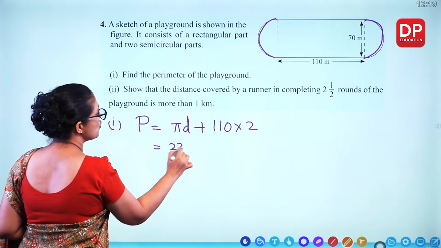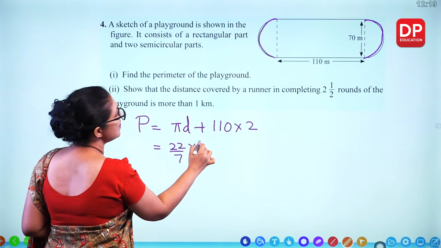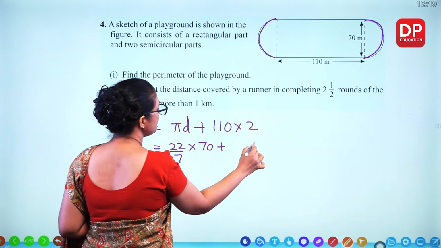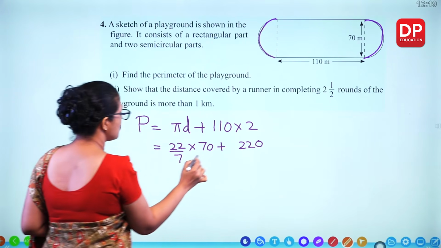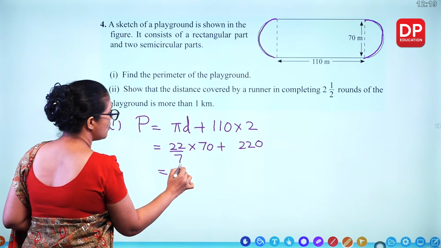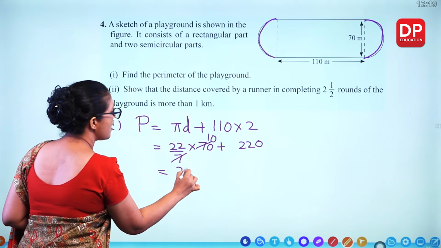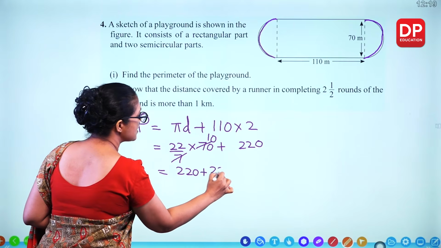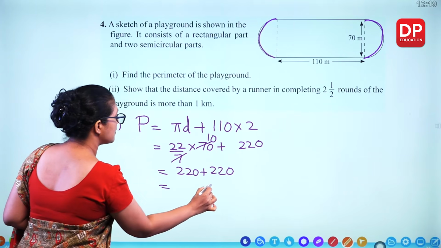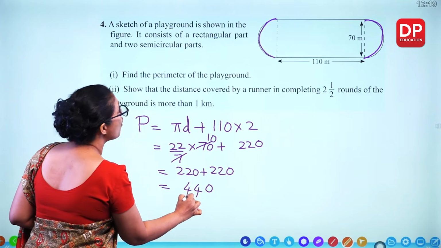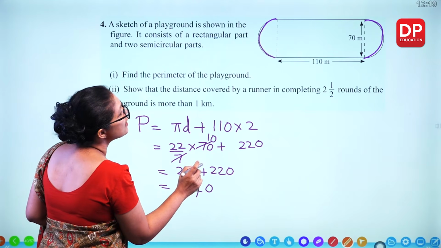So, pi is 22 over 7. D is 70. 220. Now, you can cross out. This is 10. So, 220 plus 220. What's the answer? 440. What's the unit?